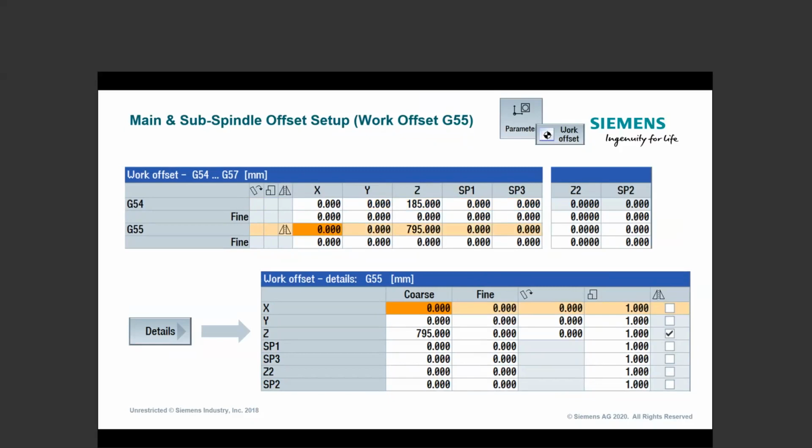And when I get to my secondary or my counter spindle offset, the big trick here is you want to make sure you click on the details field for, in this case, G55, and you want to use the mirror function. So once I check, and I'll put a little checkbox there, I see it in this lower corner. Once I have a checkbox in the Z for the mirroring field, now it'll automatically invert my tool motion. So all of my Z's engaging in a part will always be negative.